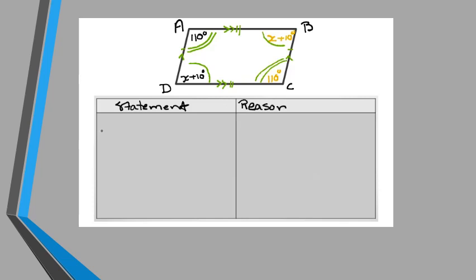I would like to start with my first statement, where I say one of the properties of any closed four-sided figure: angle A plus angle B plus angle C plus angle D. The interior angles must all add together to 360 degrees.